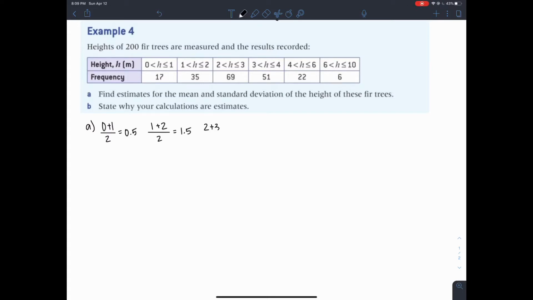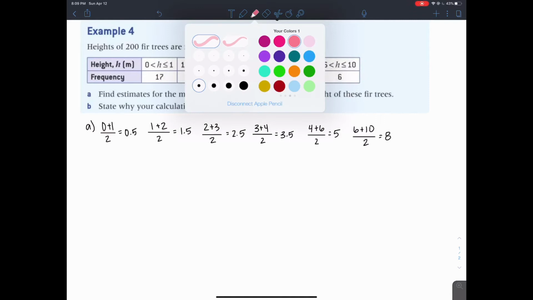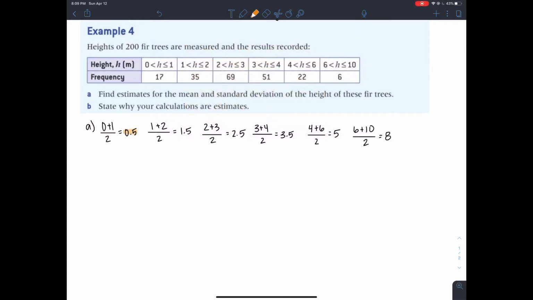From 2 to 3, 3 to 4, 4 to 6, and then 6 to 10. So these are the values that we're actually going to have in our spreadsheet when we're finding the mean and standard deviation.